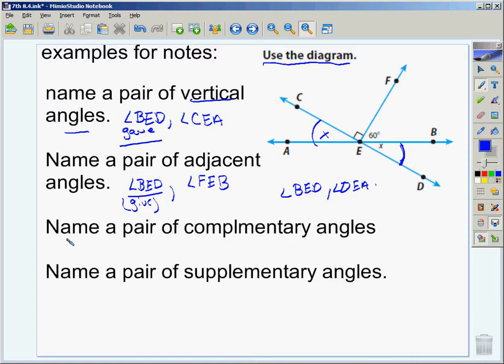Name a pair of complementary angles. Here I don't have to give you something. There's only two that I can clearly identify as being complementary in this picture. Does anybody know which two? Maddie?